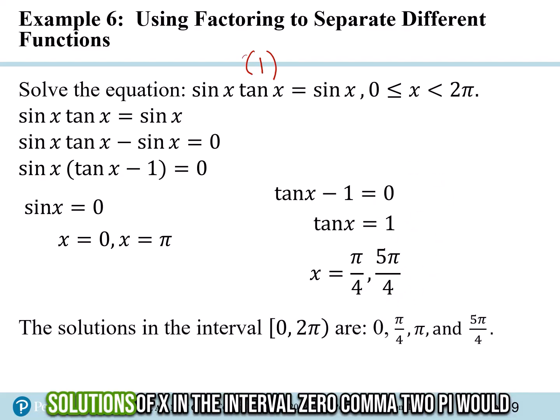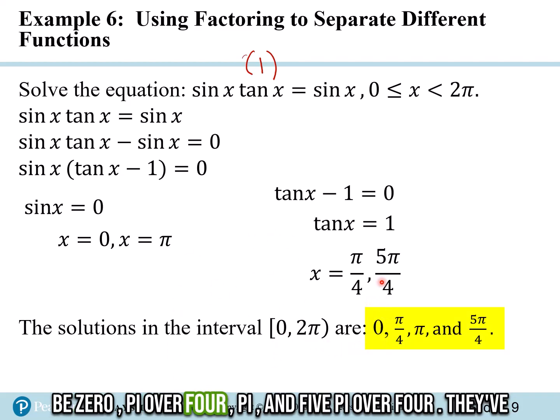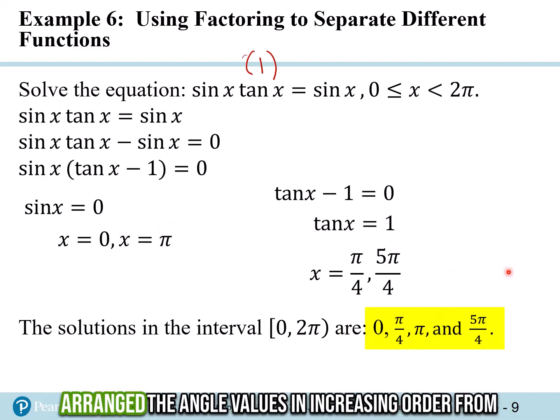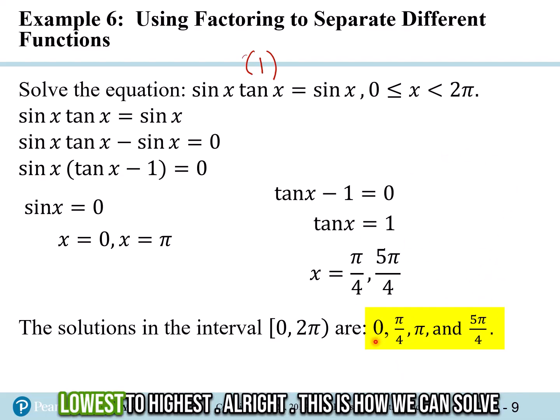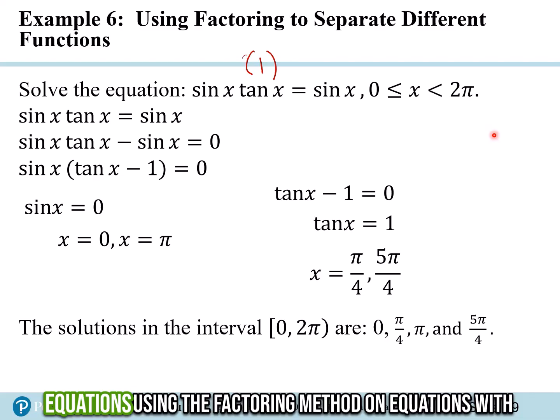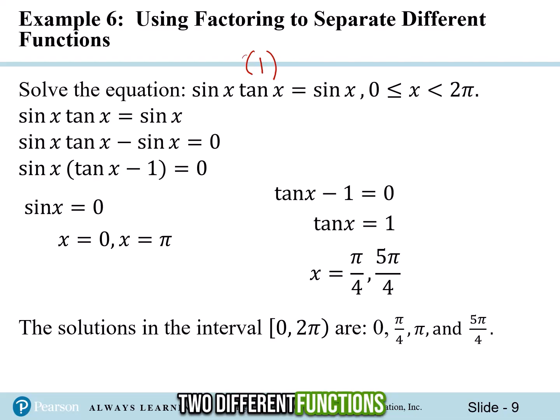Therefore, the solutions of x in the interval 0, 2 pi would be 0, pi over 4, pi, and 5 pi over 4. They've arranged the angle values in increasing order from lowest to highest. All right. This is how we can solve equations using the factoring method on equations with two different functions.